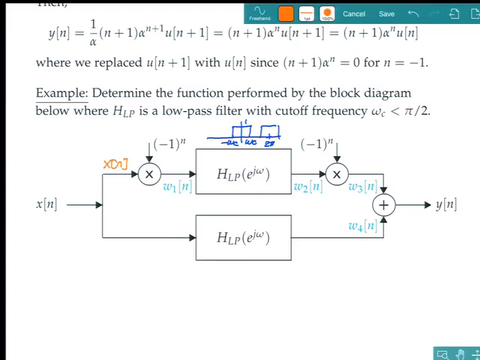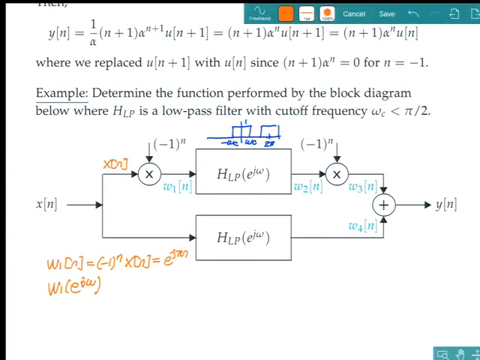So W1 of n is negative 1 to the n x of n. So what would be the W1 DTFT in terms of the DTFT of x? This is a modulation property candidate in disguise, because we saw this last time. Negative 1 to the n. Negative 1 is e to the j pi, right?